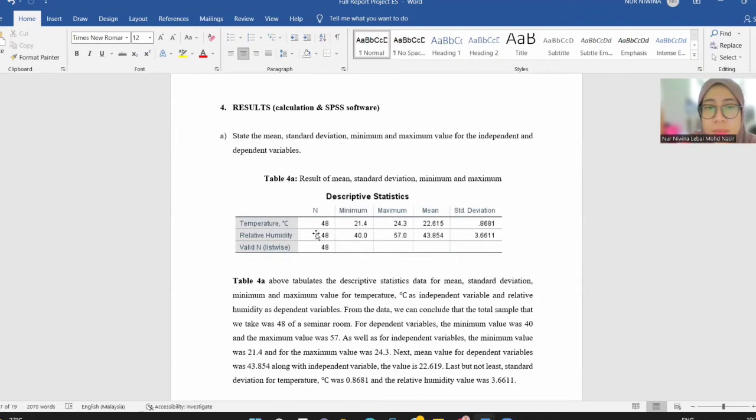For the temperature, the mean is 22.615 and the standard deviation is 0.8681. For the relative humidity, the mean is 43.854 and the standard deviation is 3.6611. Then the maximum and minimum.